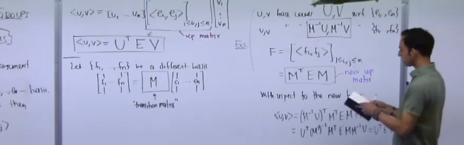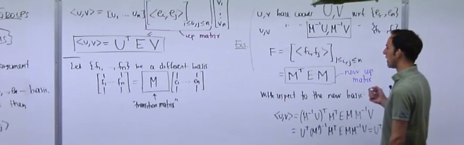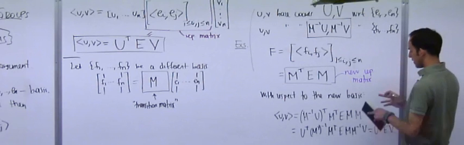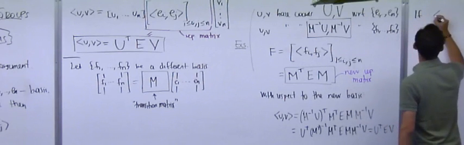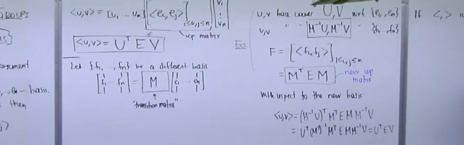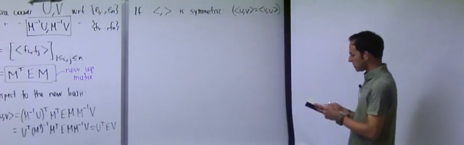So now, why do I mention this? Because here's a nice fact. Let's suppose that you have some symmetric bilinear form. What does it mean to be symmetric? It means that the inner product of U and V is the same as the one for V and U for all U and V. Then you have your representing matrix, whose entry ij is the inner product of ei and ej.